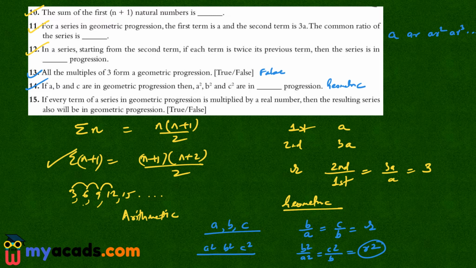Now if every term is multiplied by a real number, for example K, so my series will become KA, KAR, KAR square, KAR cube. So now the ratio will also be the same, that is R. It means it is a geometric progression only. So my answer is true.